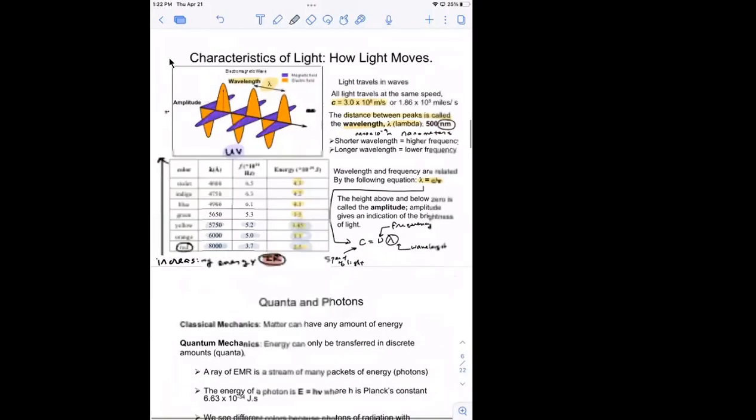So the relationship between the wavelength and frequency is that they're inversely proportional.